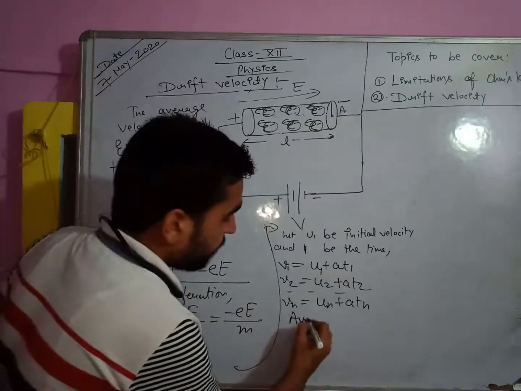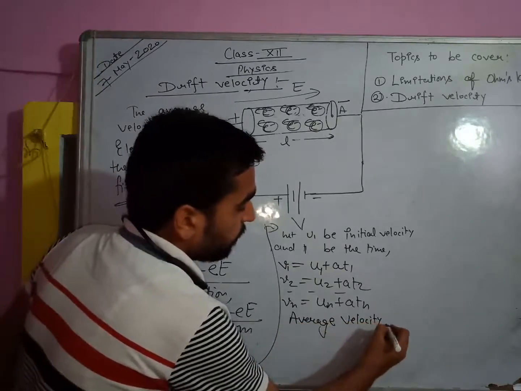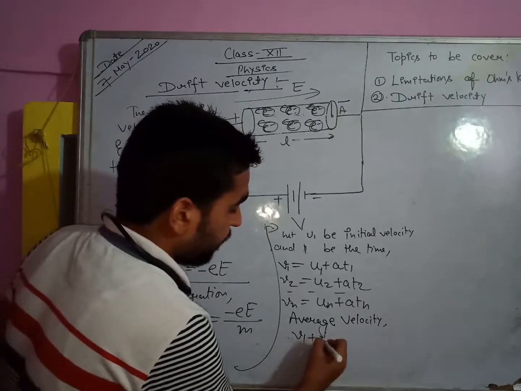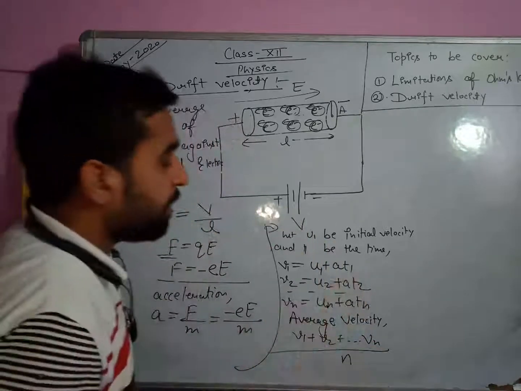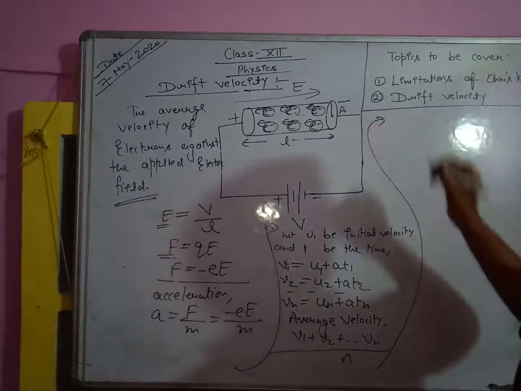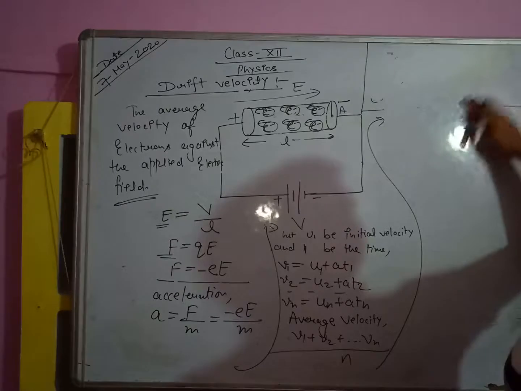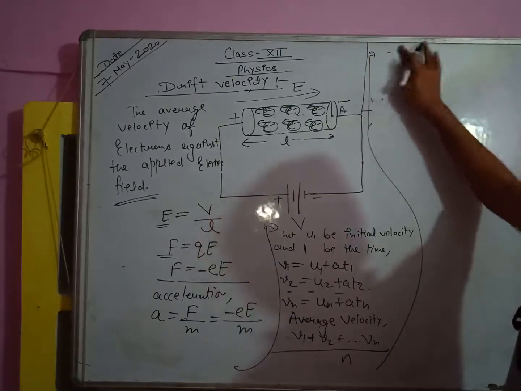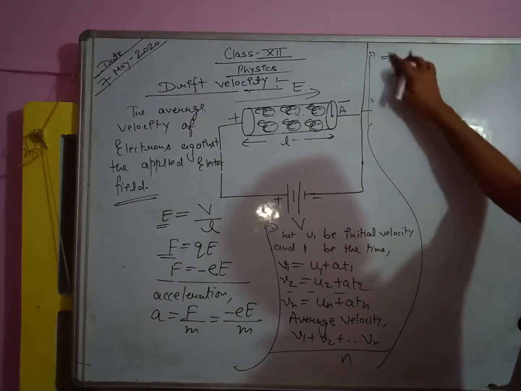Now, what is the average velocity? Suppose we calculate the average velocity. It will be the sum of observations, so v1 plus v2 up to vn divided by how many electrons there are. We have considered n electrons. Now let us erase this so that we get proper space to solve. Let us substitute the values.